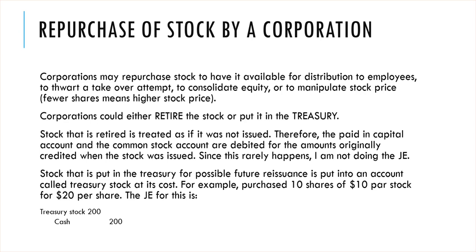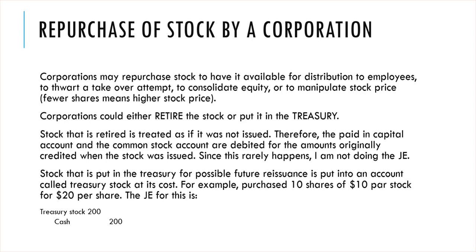And as I said before, generally when you issue stock, it's issued and it's outstanding. The only way you can impact an outstanding is usually by putting it in the treasury, not by reverse issuing or retiring. When you put it in the treasury, it's put into an account called treasury stock, and as you see here, 10 shares of $10 par for $20 per share.